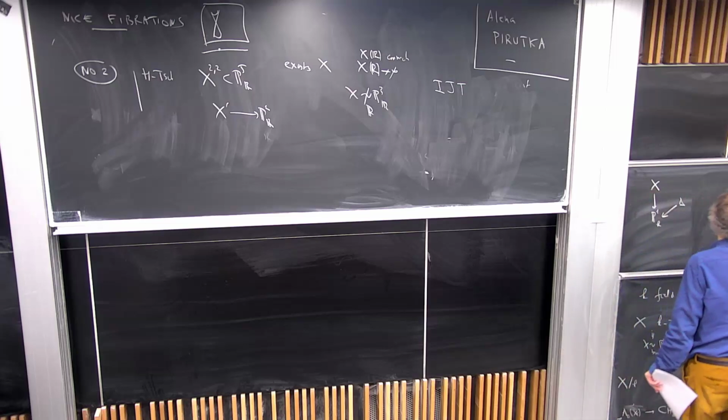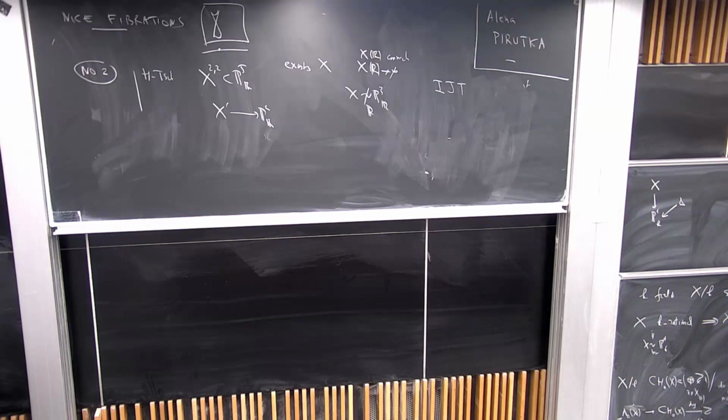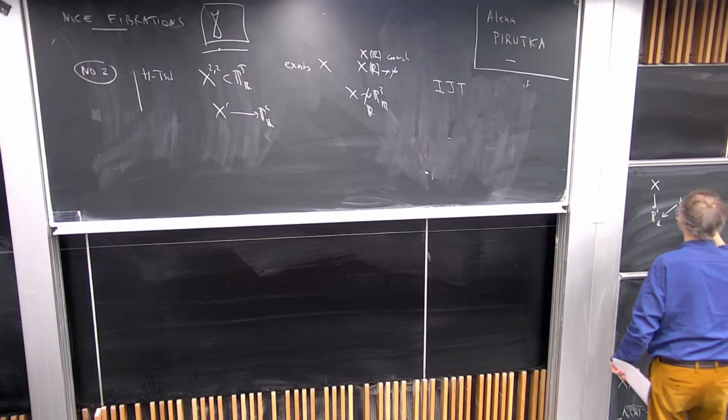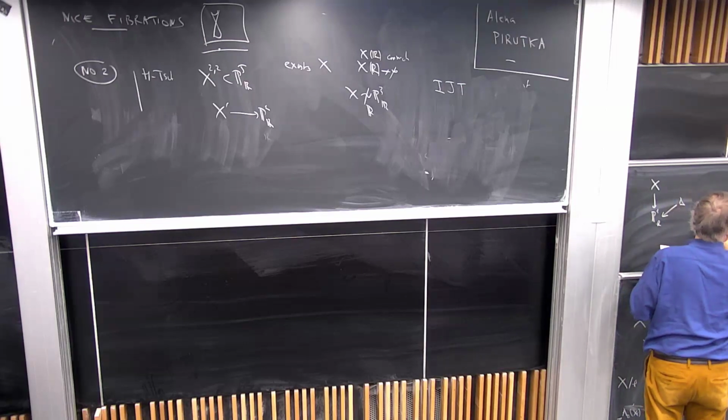So if the generic fiber is x squared minus a(u) y squared minus b(u) z squared plus a(u) b(u) d(u) t squared equal to 0, the covering here is given by w squared equals d(u).